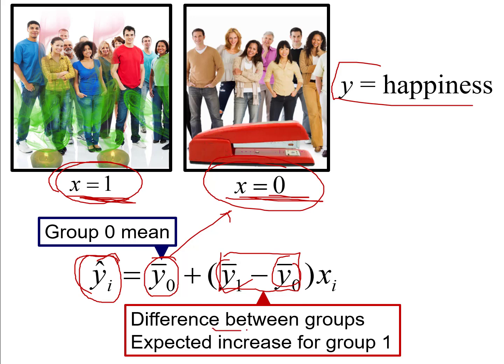That's the difference between groups in their means, or another way of saying the same thing: it's the expected increase in happiness if you go from group 0 to group 1. If you go from the control group to the treatment group, it's how much you expect happiness to go up. And then we multiply that times a person's score on x. And again, x is either a 1 or a 0, depending on what group you're in.